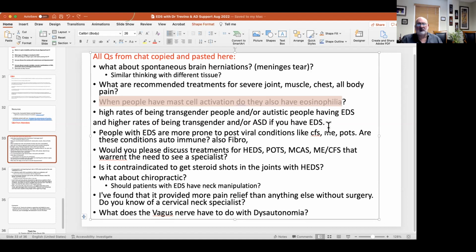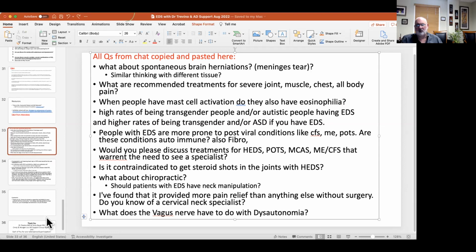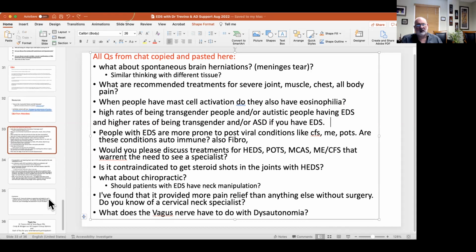High rates of being transgender and/or autistic people have EDS, and higher rates of being transgender and/or ASD if you have EDS. Is there a question in there? I think they're just asking if that's common.